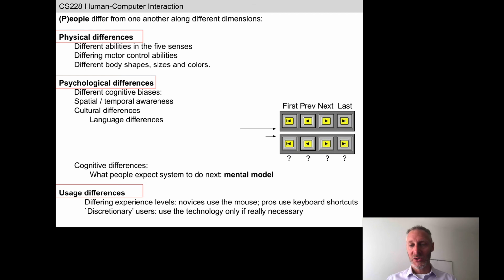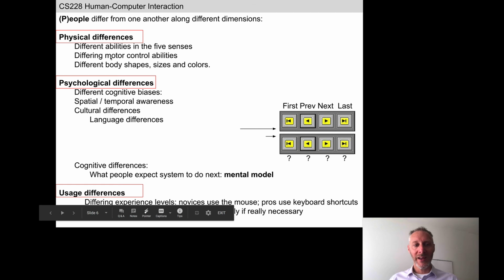Again, starting with some of the most obvious differences between people are physical differences. People differ in their ability to use their 5 or more senses. People have differing motor control abilities. What are some groups of people that have better control of their muscles than others?